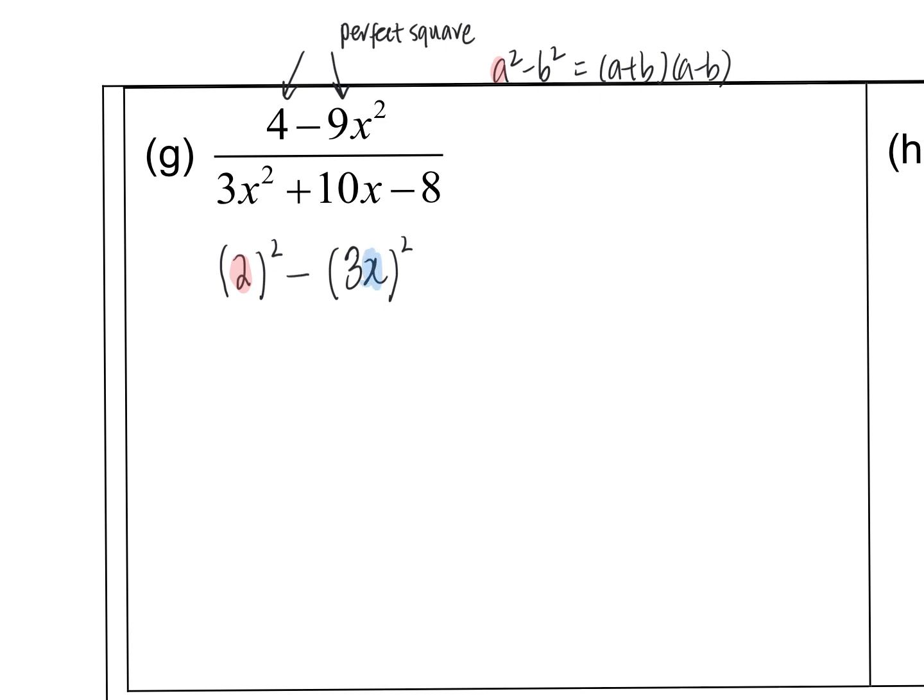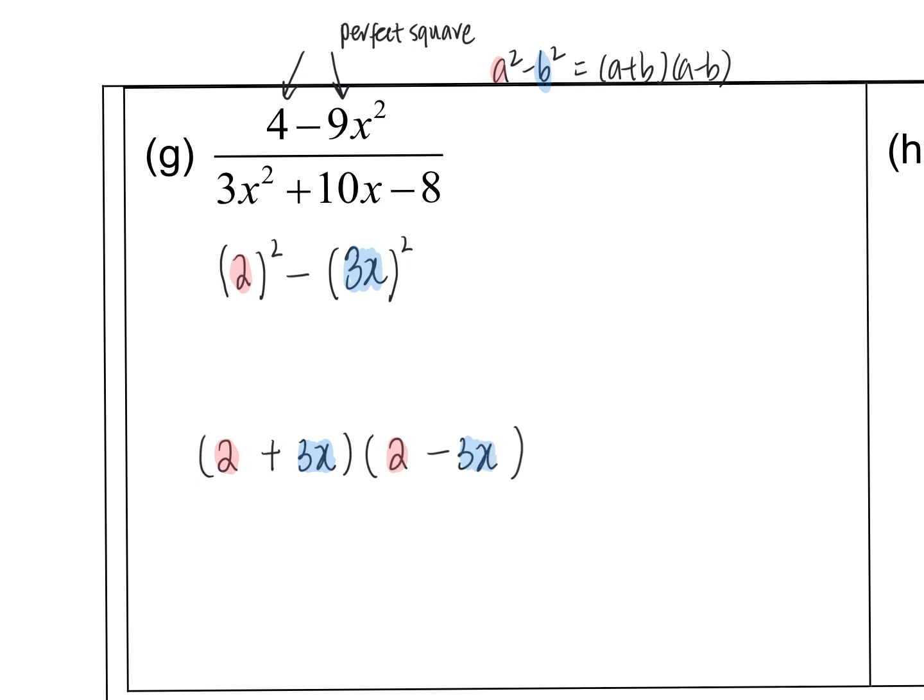My b is 3x. So when I factorize it, I should get (a plus b)(a minus b), so (2 plus 3x)(2 minus 3x). So can you see for the top one, I am just applying the rule. Okay, this is the first step.